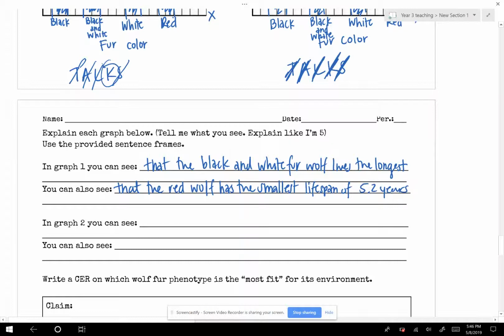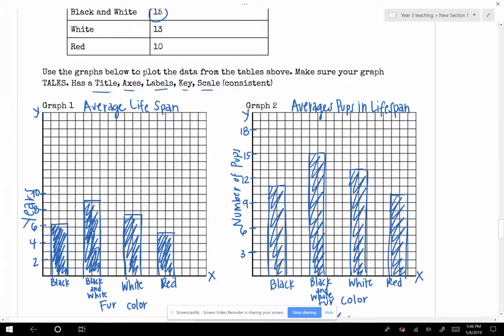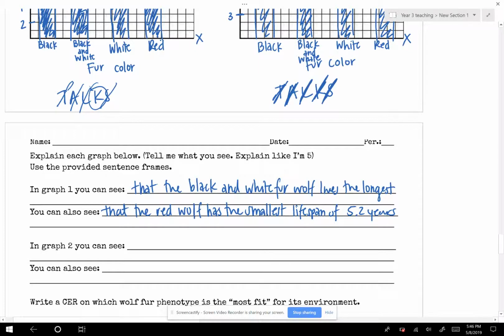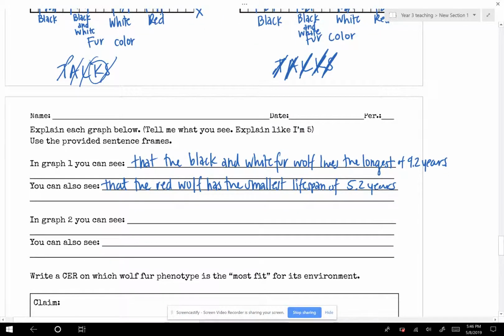I should probably also add that the black and white wolf lives the longest, which was 9.2 years. You can also say that most wolves live at least, let's just say at least 5 years.